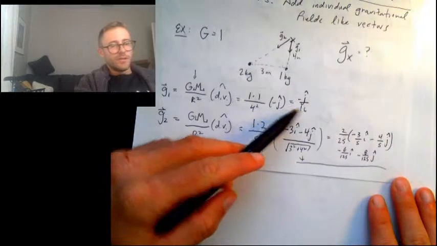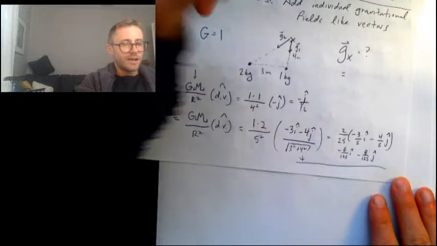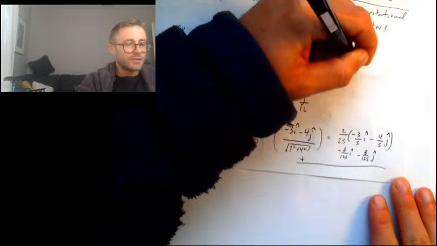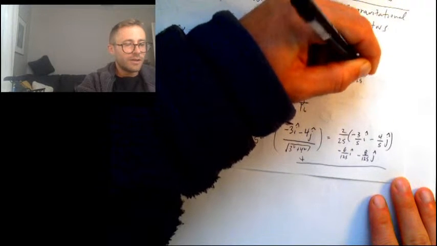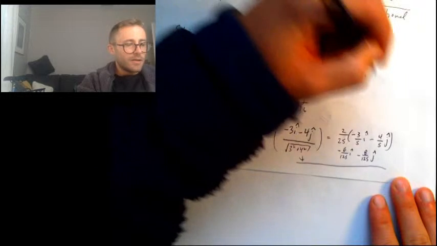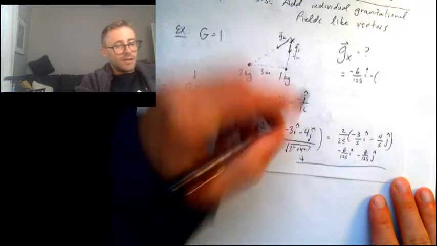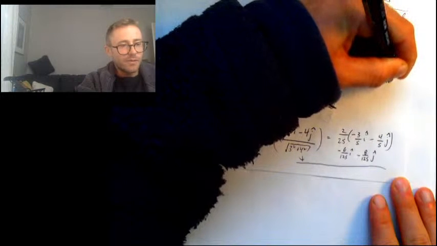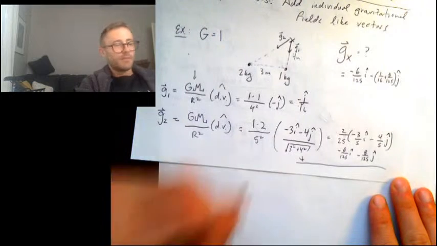So the total gravitational field at x is going to be these two vectors added together, which would be minus 6 over 125 i hat minus, and then adding those two together, we get 1/16 plus 8 over 125 j hat. All right.